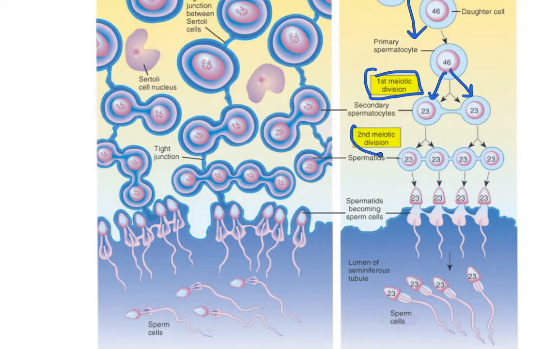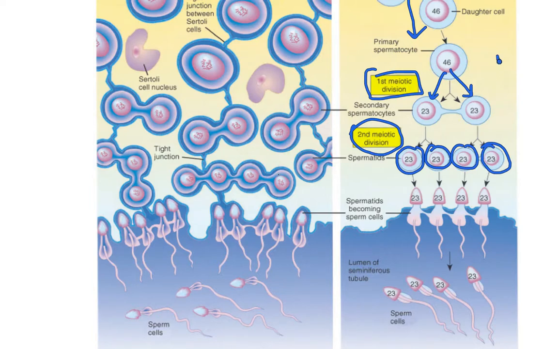During the second meiotic division, we see a second split, and in the second split, we're going to wind up getting 4 cells of 23 chromosomes because each chromatid will go to its own separate side. In this first meiotic division, homologous chromosomes separate, and in the second one, sister chromatids separate. More on that when we cover meiosis in our next unit.